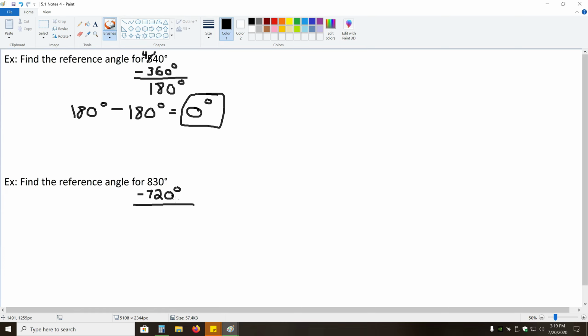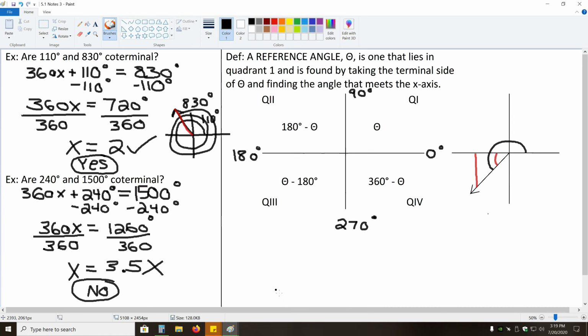When we do this, 0 minus 0 is 0, 3 minus 2 is 1, 8 minus 7 is 1, so we get 110 degrees. We check, is this value between 0 and 90? It's not, so we have to use one of our formulas. In this case, 110 degrees is between 90 and 180.